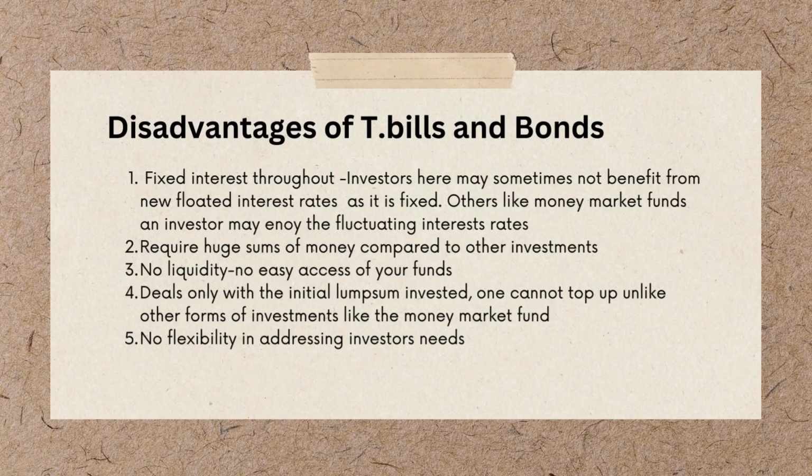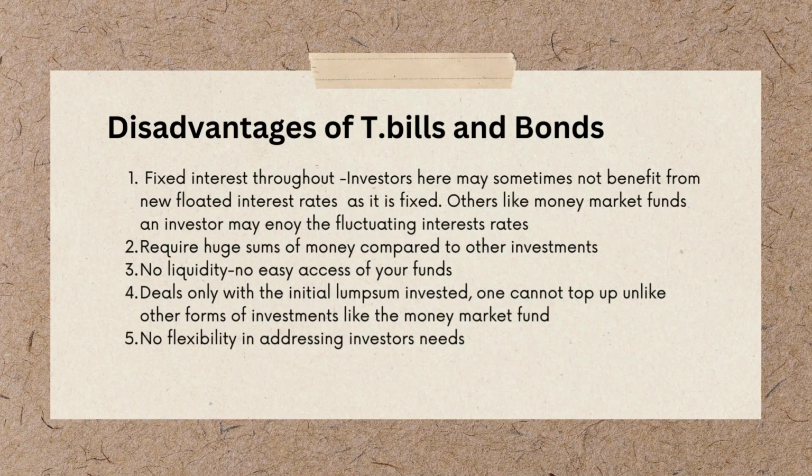Some of the disadvantages of the Treasury bills and bonds: number one, they have fixed interest rates. Investors here may sometimes not benefit from the new floated interest rate, especially when they are higher as compared to other forms of investment like the money market fund, where the interest rates are usually floated on a daily basis.